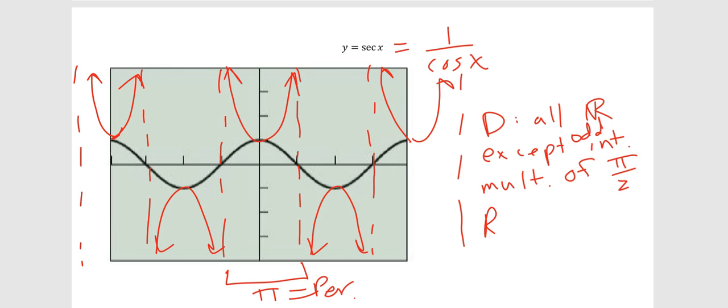And then the range is that split thing again. From negative infinity to -1, bracket, union, bracket, 1 to infinity. Yes, okay, so we end up with that.